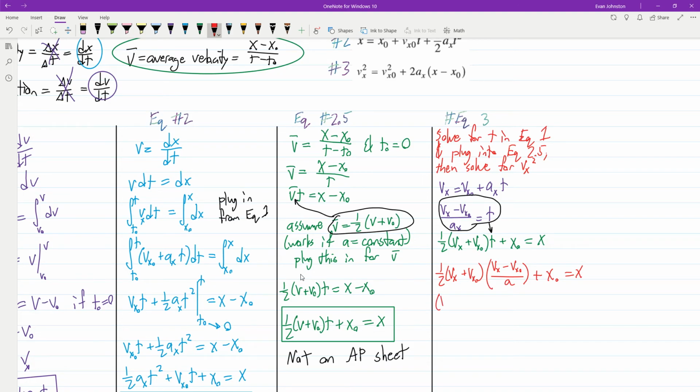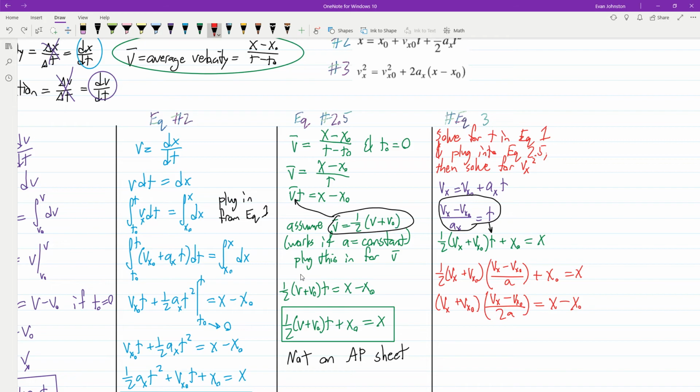So we have our final velocity plus our initial velocity times our final minus our initial divided by 2 times the acceleration, because we took the 2 and brought it down there, equals our final displacement minus our initial, because I brought it over to that side, and to do that I have to subtract. Okay, so that's the idea.